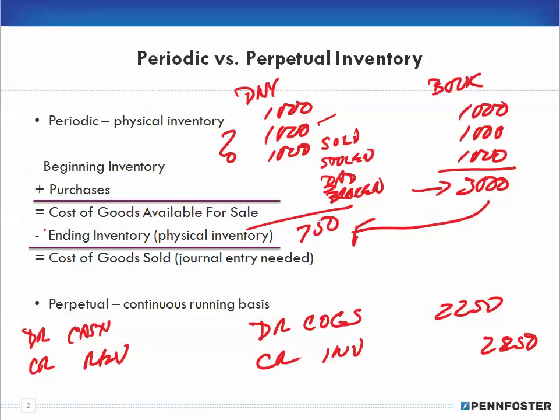But to get the ending inventory, to get the cost, you're looking at whether you're using last in, first out, or first in, first out, or weighted average, or whatever have you, whatever you have of the inventory methods that you're going to use in order to determine what you have in inventory. Okay, but that's how that all ties in.